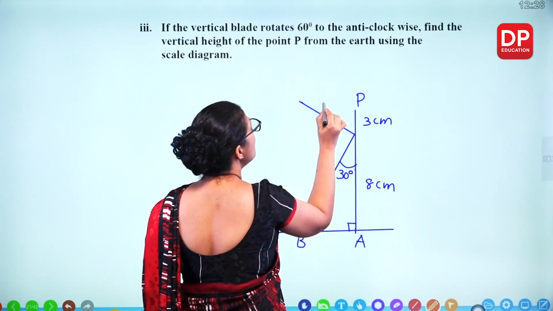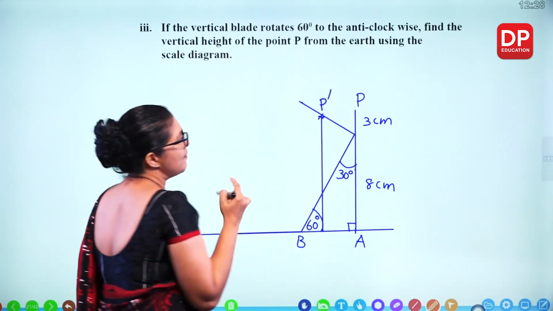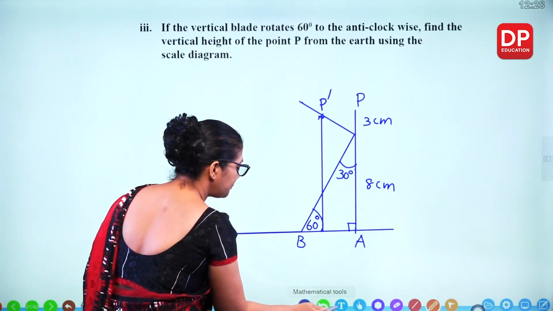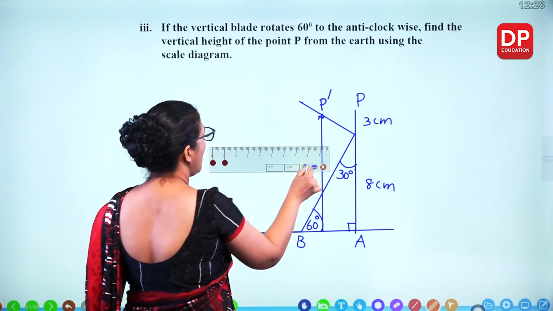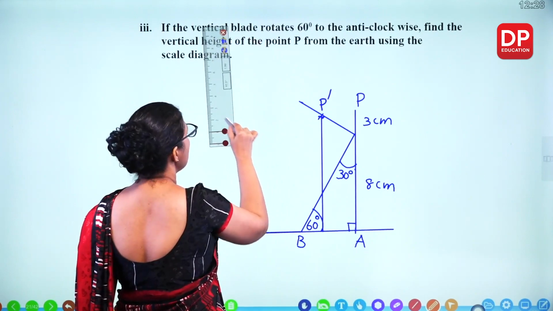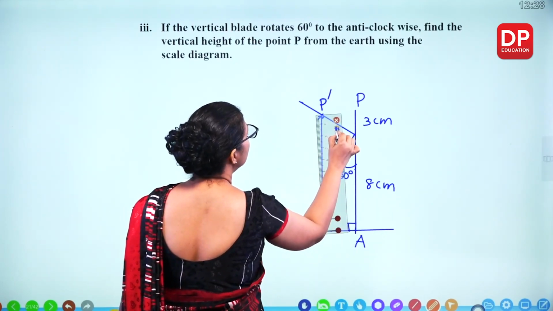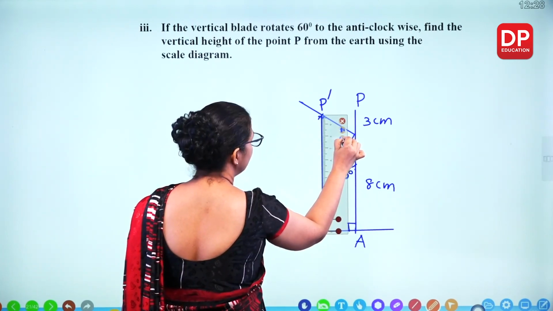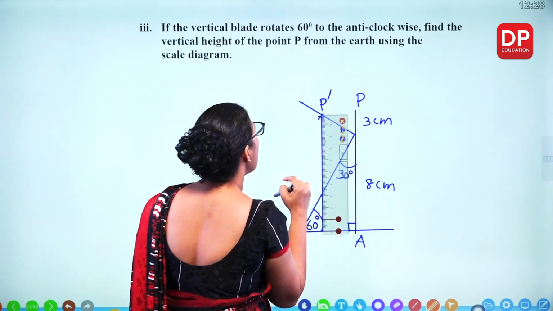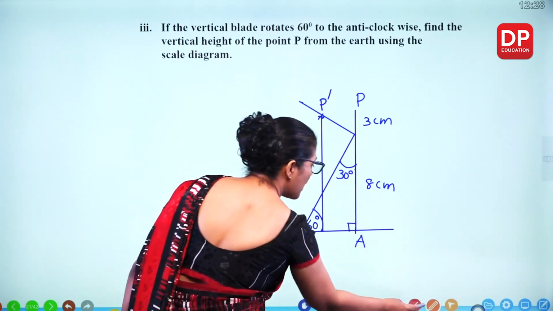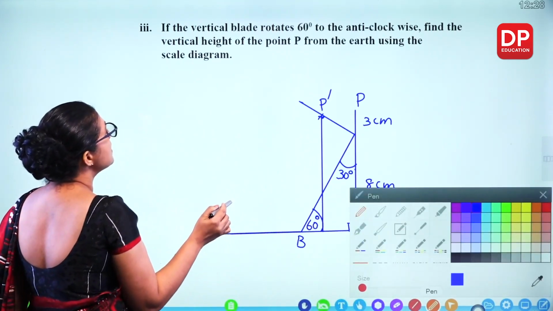So this is the new position of P. I'll say P dash. So what's the height? The height, we can measure it: 9.6 centimeters.